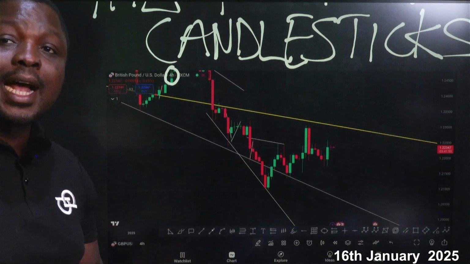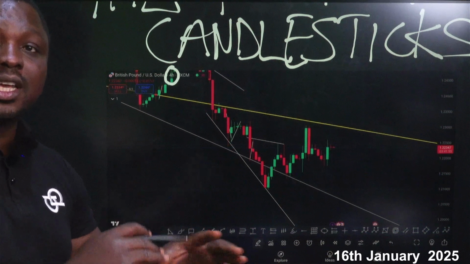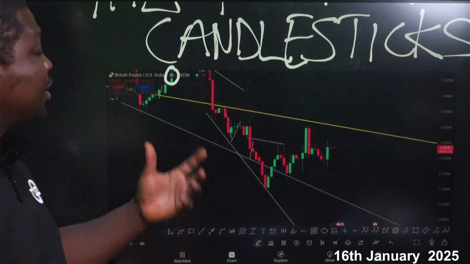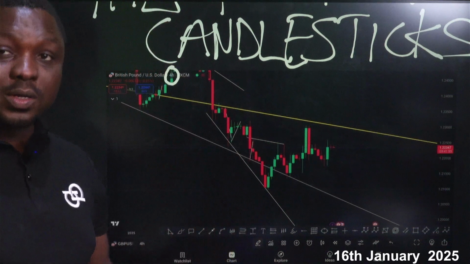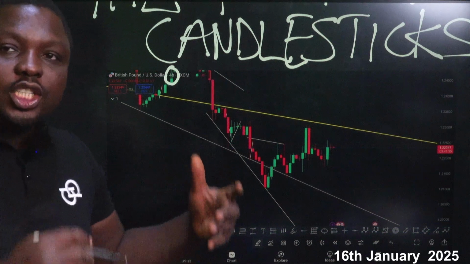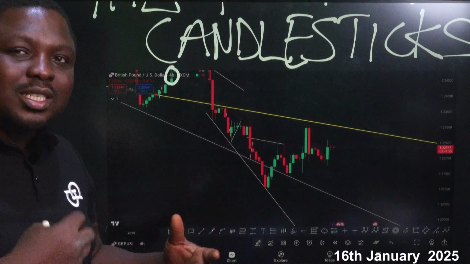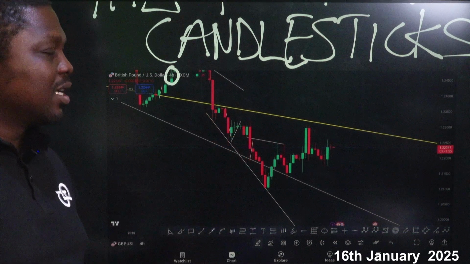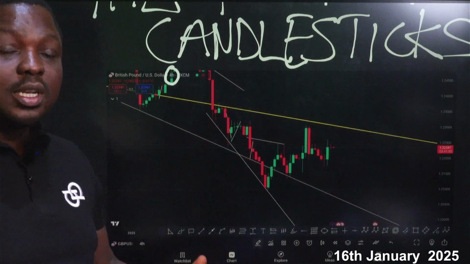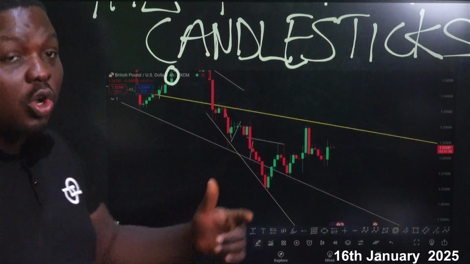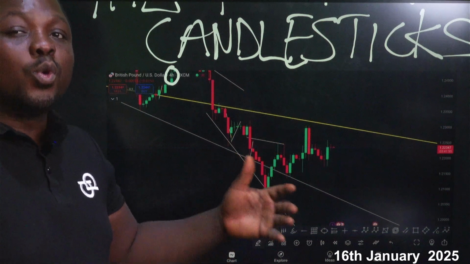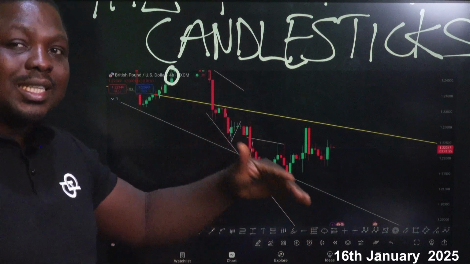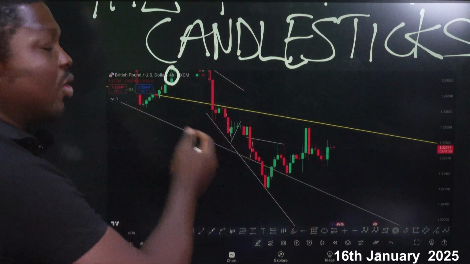It does not matter how big or how small the candles are; once it is one candle, that represents 4 hours. So the message is that throughout these 4 hours, the market goes up, comes down, goes up, comes down, and then closes at a certain price.